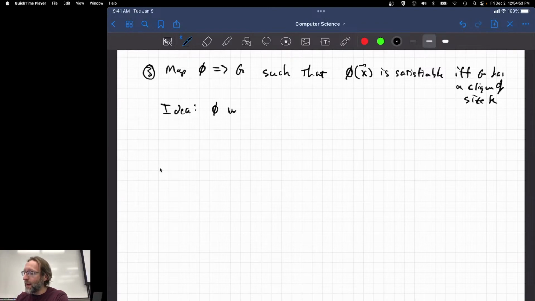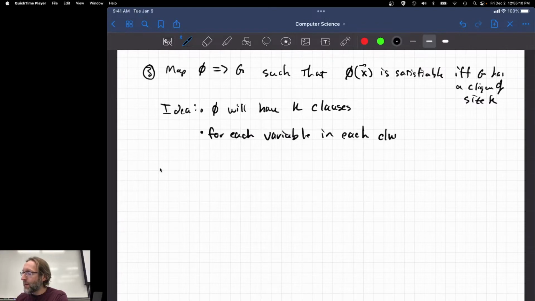Now here's the idea. Phi will have k clauses. For each variable in each clause, we'll create a vertex.